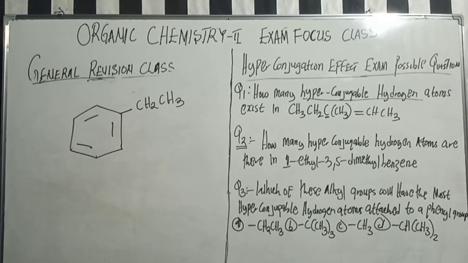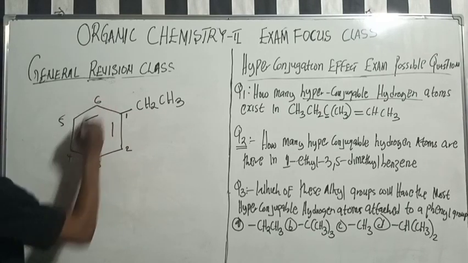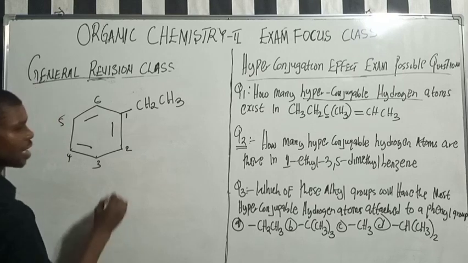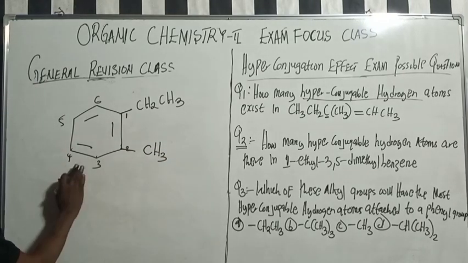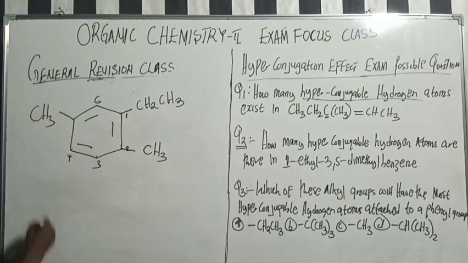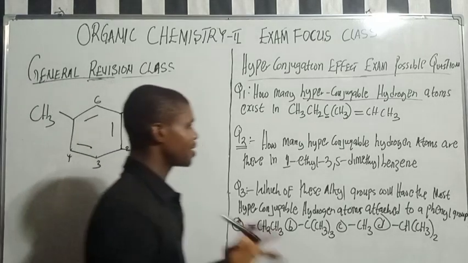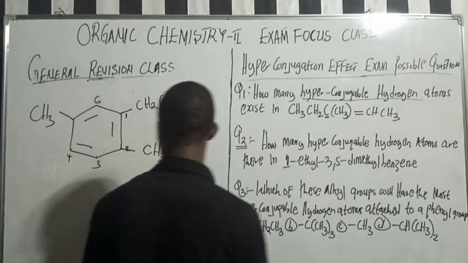Now here we have 1, 2, 3, 4, 5, 6. At number 3, I have a methyl group, and at number 5, I have a methyl group.